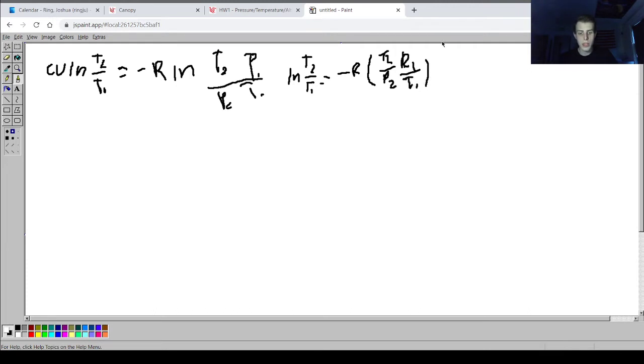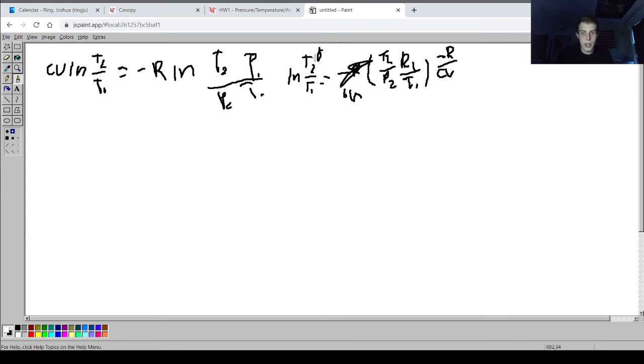And then this will be to the power of the negative, this isn't supposed to be R, this is supposed to be natural log. And this will be the negative R over Cv. And by moving the Cv to the other side, this will leave us with a coefficient on this side of R over Cv plus 1. But in this case, we can use gamma instead, so we don't have to keep writing that out.